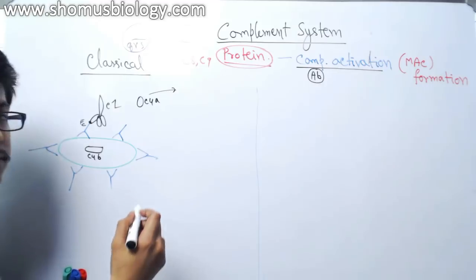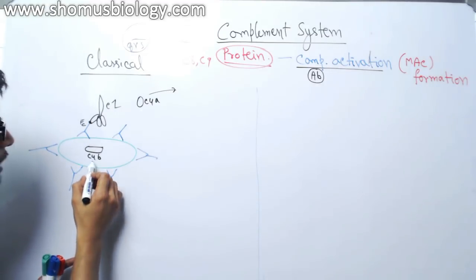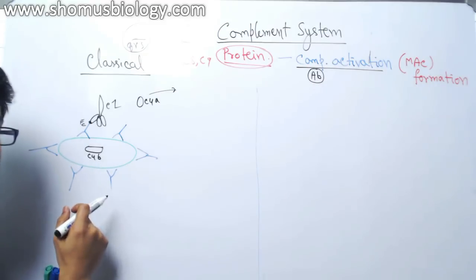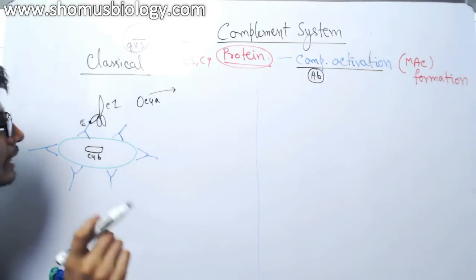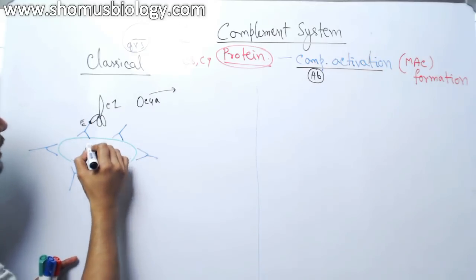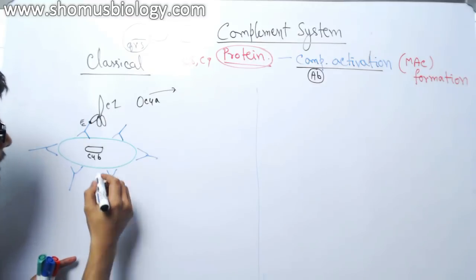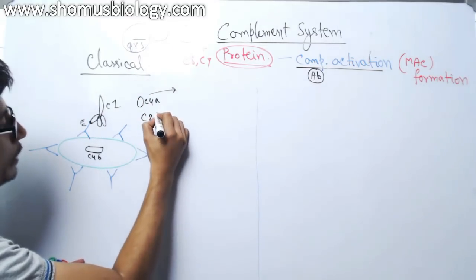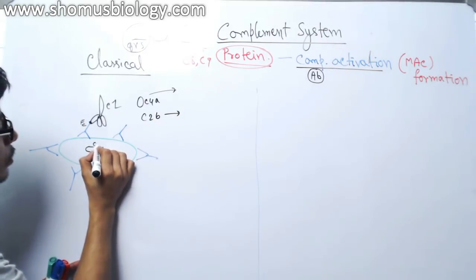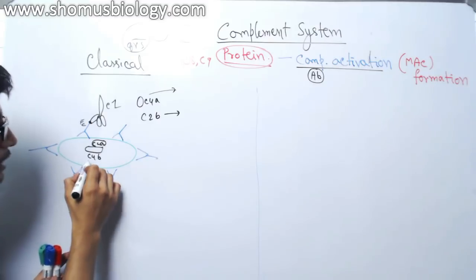C4A will be released and act as an anaphylatoxin, and C4B will be attached to the surface of the bacterial cell. Now this C4B will break down C2 into again two parts: C2B, which is released, and C2A, which remains attached to C4B.